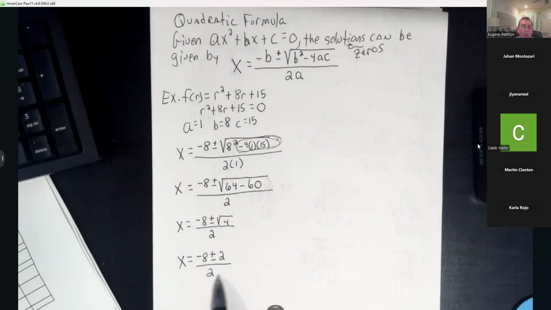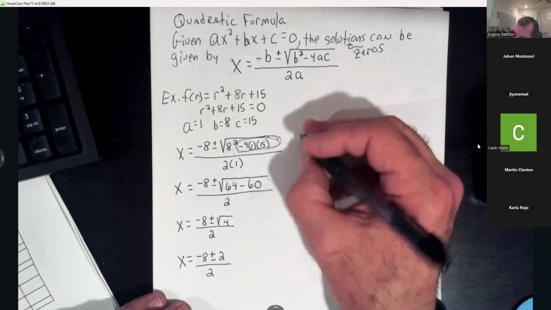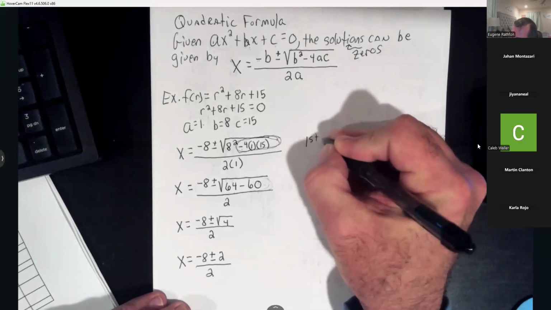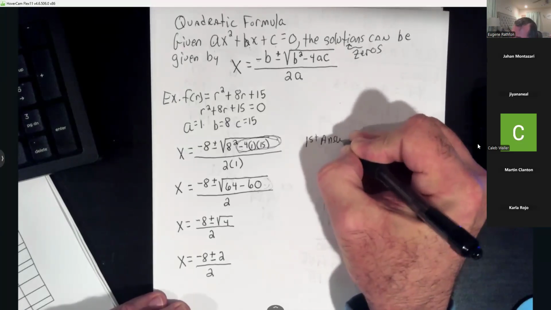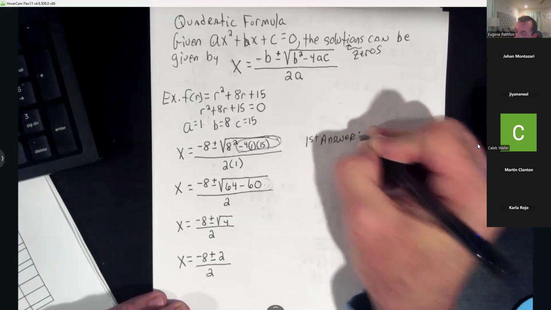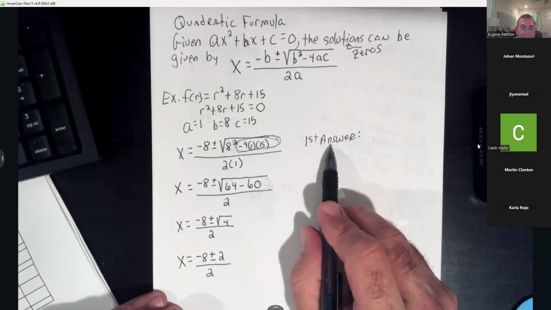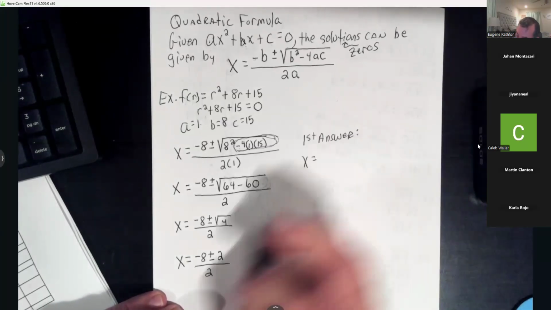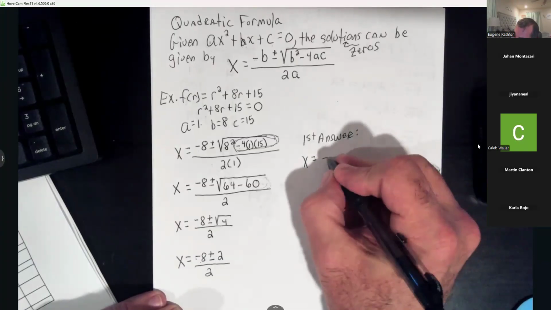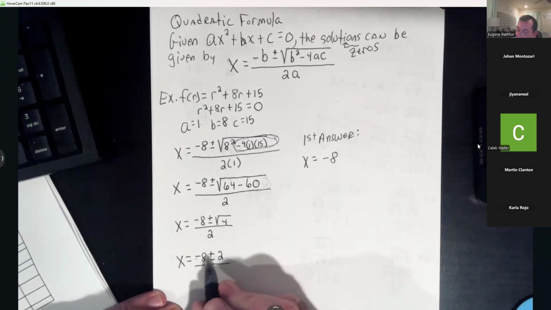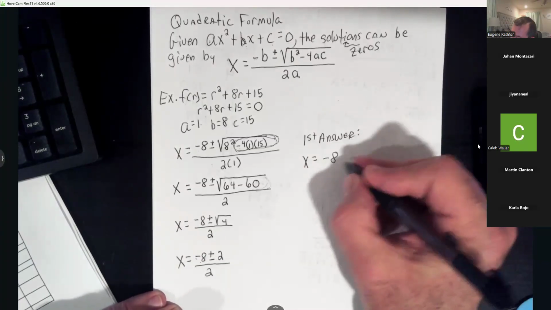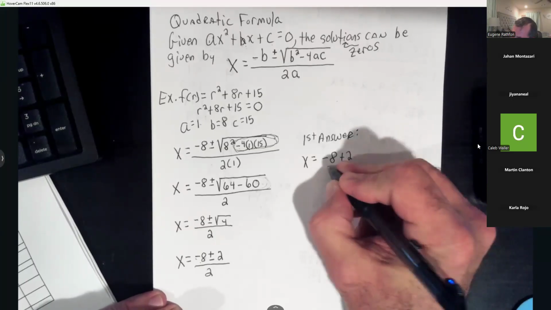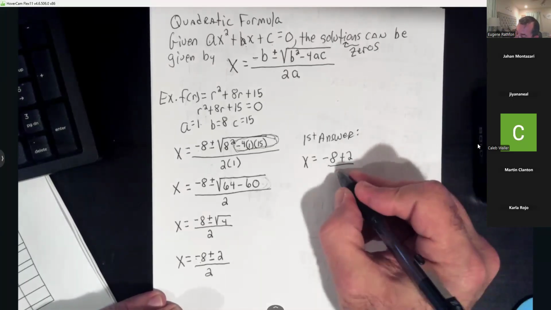So now I'm at a point where I can't do nothing but get my first and second answers. All right, y'all, watch this. To get the first answer, I'm going to take that -8. I'm going to add 2 and then divide by 2.